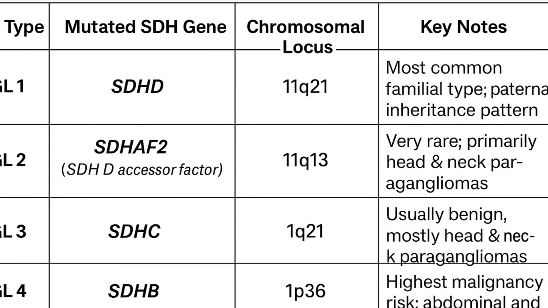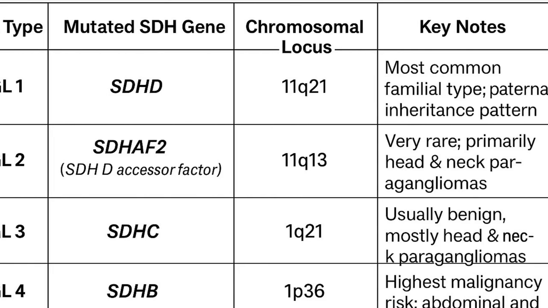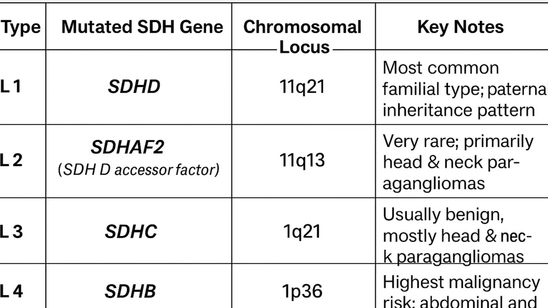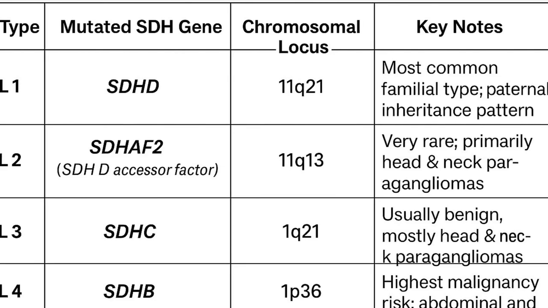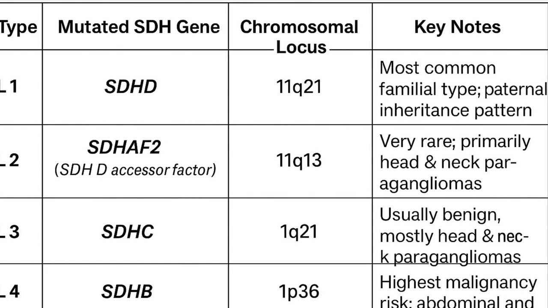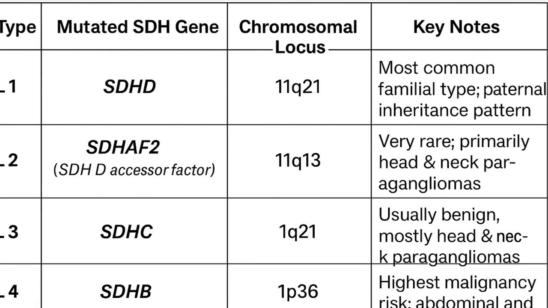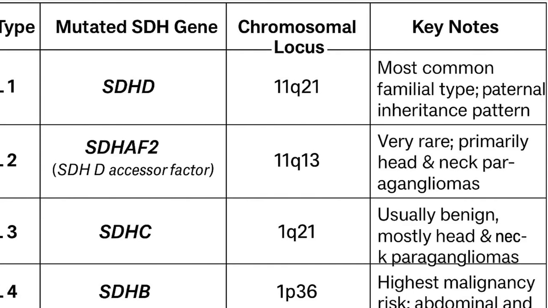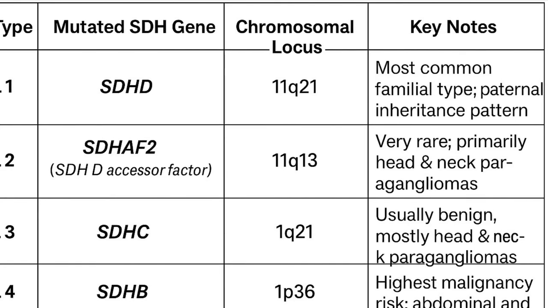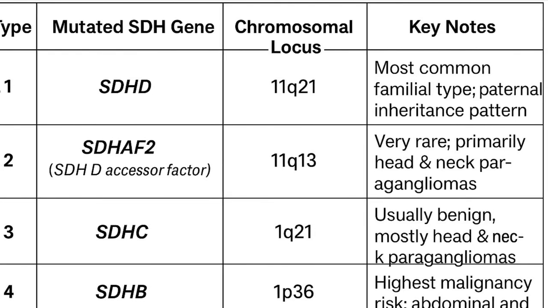So this link between the succinate dehydrogenase complex and the pheochromocytoma or paraganglioma syndrome led to the discovery of these different types of the succinate dehydrogenase complex. So there are four different types of paraganglioma recognized as paraganglioma type 1 to 4.